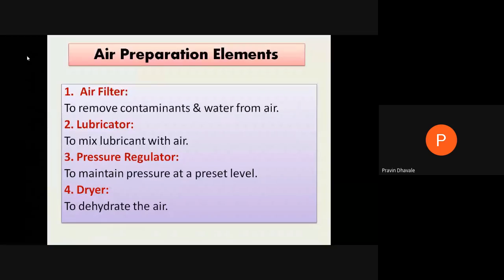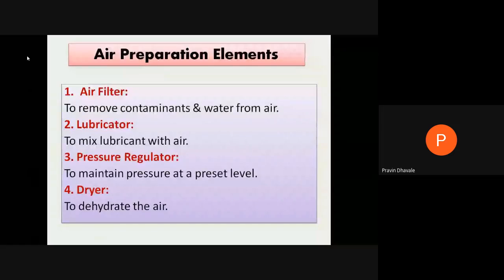So for smooth working of the mating parts, we require a lubricant. In a pneumatic system, we have to mix that lubricating oil with the air. For that purpose, we require the lubricator.